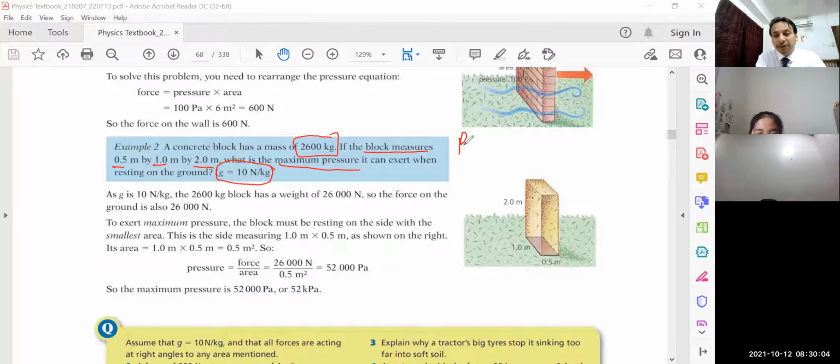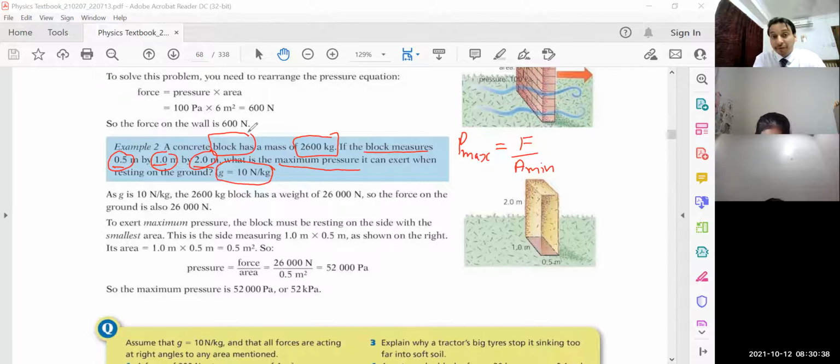Let me write here P maximum. Maximum pressure is possible only if force is maximum and area is minimum. Area is minimum. Dimensions are given, children: length, breadth, and height. Three values are given. So in what way should I keep this block so that the area of contact with the ground, the area of the block in contact with the ground, is minimum?